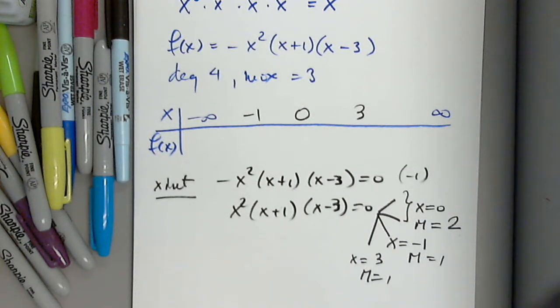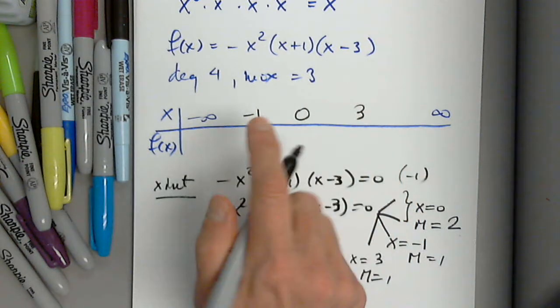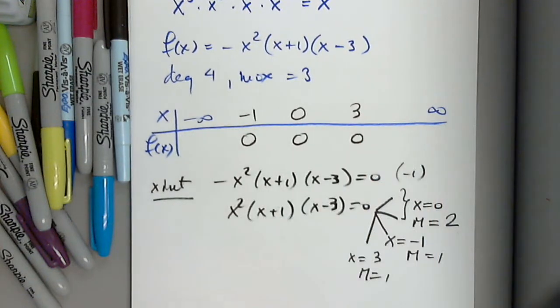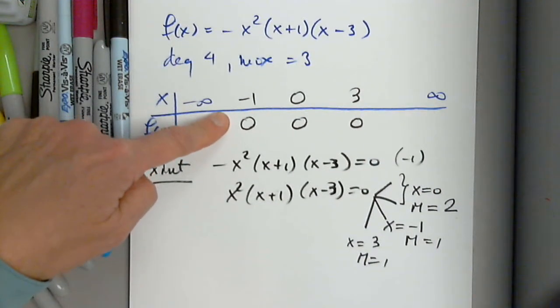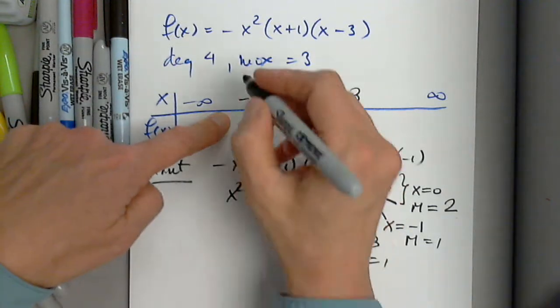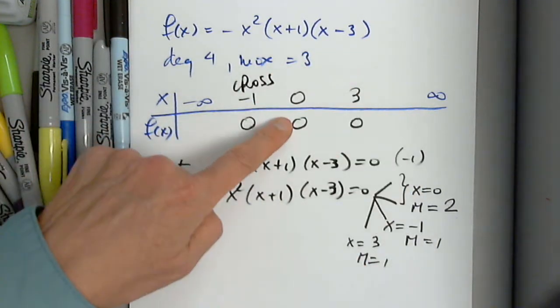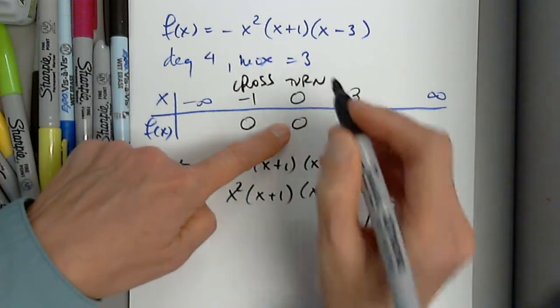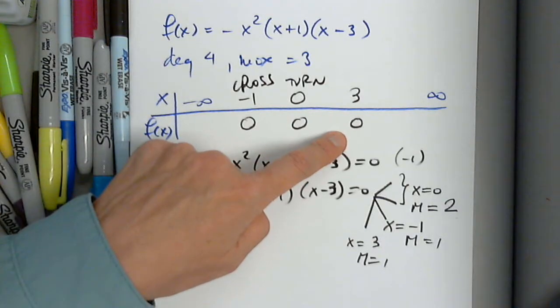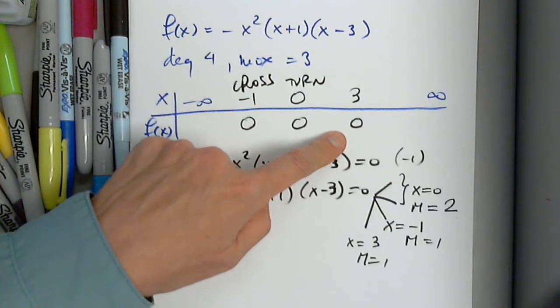Negative 1 is first, 0, and then 3. So what does negative 1, 0 represent for this function? Awesome. What does 0, 0 represent for this function? Awesome. And what does 3, 0 represent for this function? Very good.